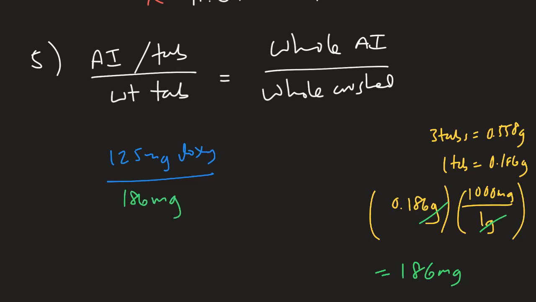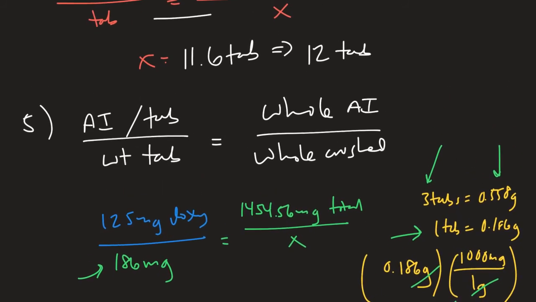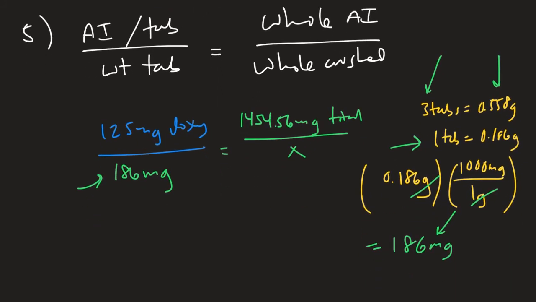So pay attention. 3 tablets gave you 0.558. So 1 tablet gives you 186 milligrams. So each tablet is 186 milligrams, equals 1454.56 milligrams of doxy total. Solve for X. Solving for X gives you 1454.56 times 186 divided by 125.